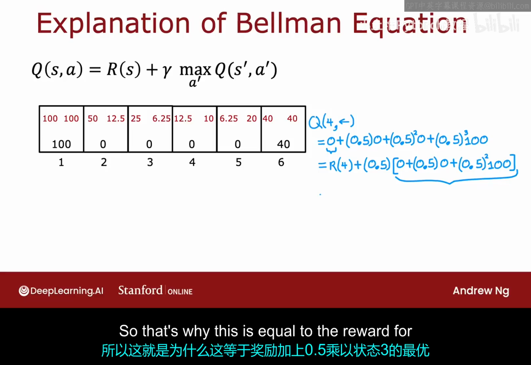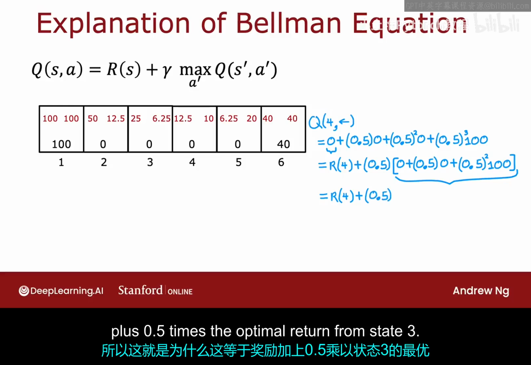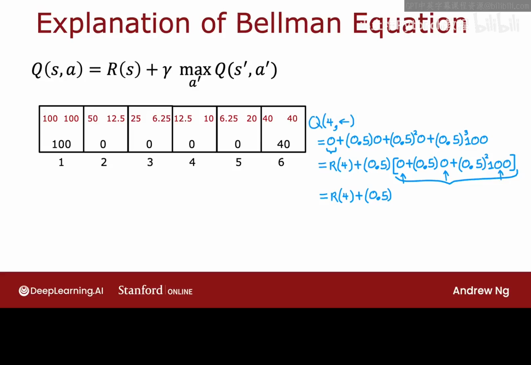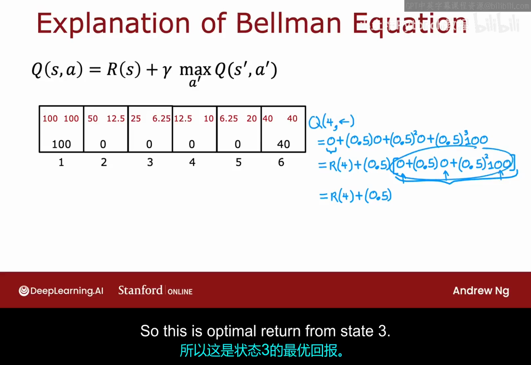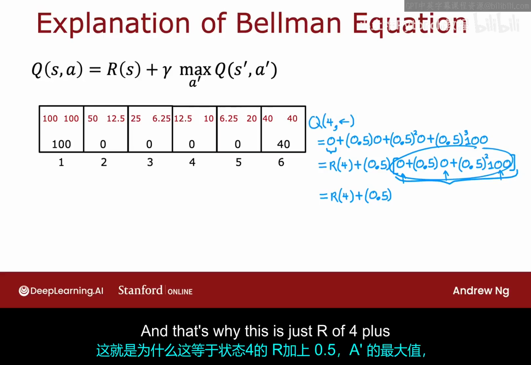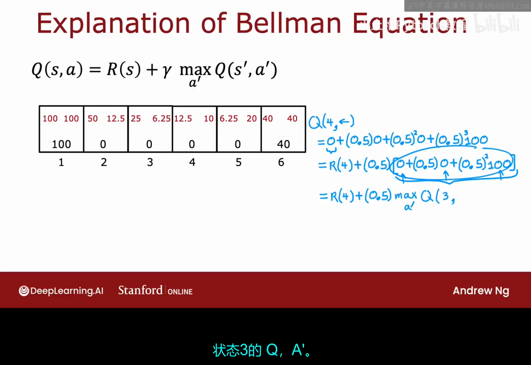So that's why this is equal to the reward of 4 plus 0.5 times the optimal return from state 3. Because if you were to start from state 3, the rewards you get would be 0, followed by 0, followed by 100. So this is the optimal return from state 3. And that's why this is just R of 4 plus 0.5 max over A prime Q of state 3, A prime.